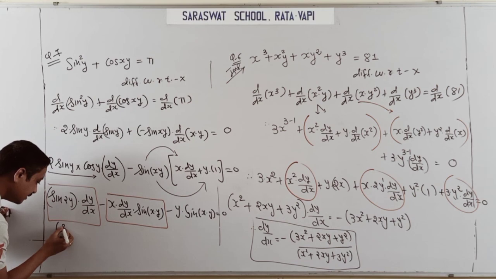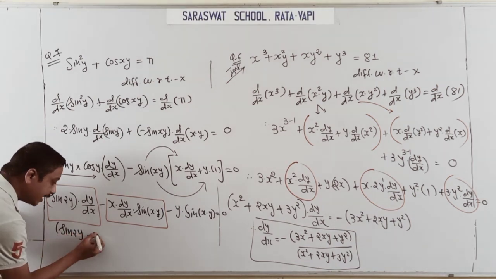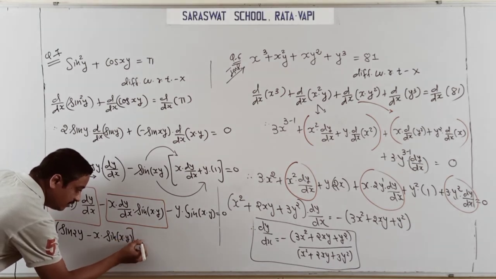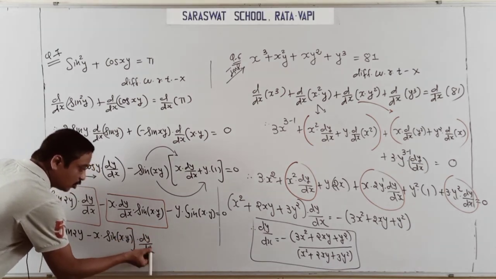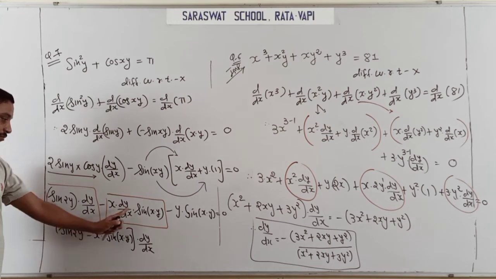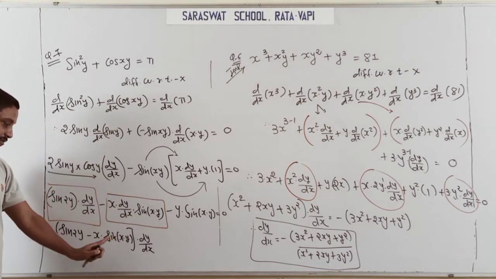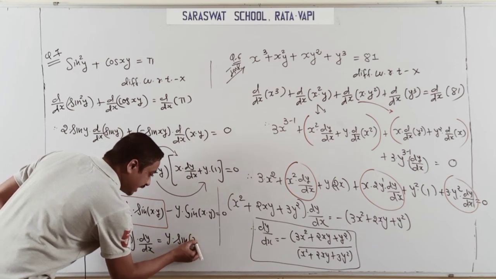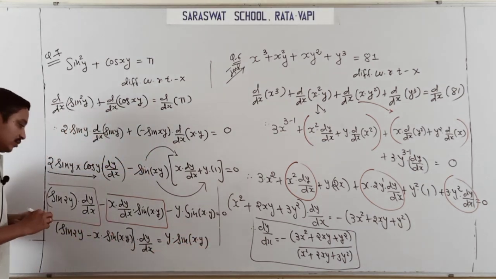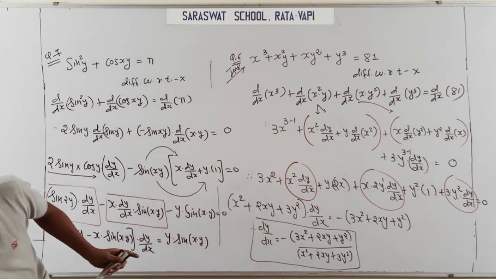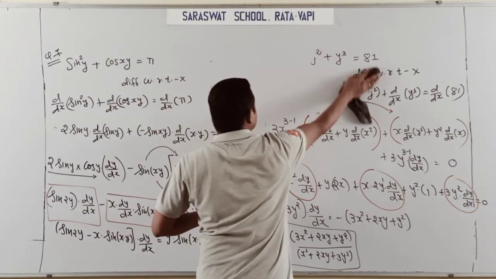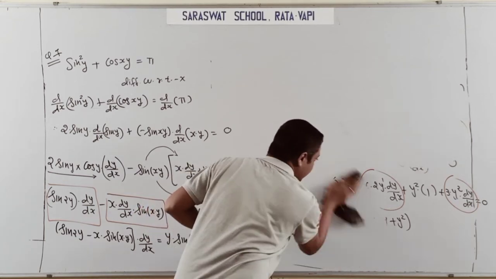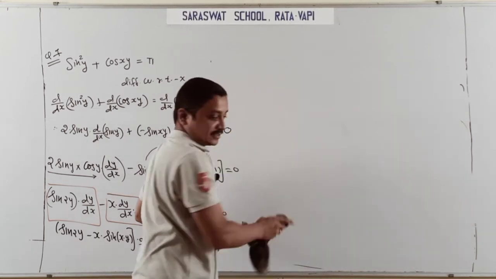So I have only sin 2y minus x with sin xy, and dy by dx just only common here. So this value is minus x sin xy, same dy by dx, and on the right side I focus on y into sin xy. Students, this value I just take out, and after that I divide, and you get the value for dy by dx.